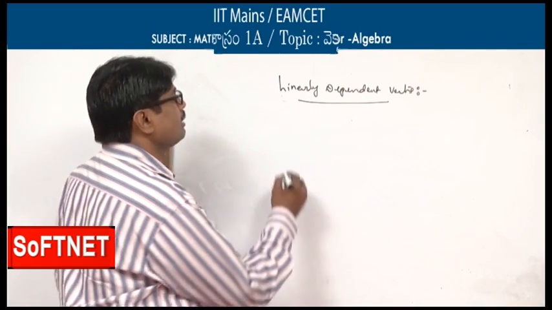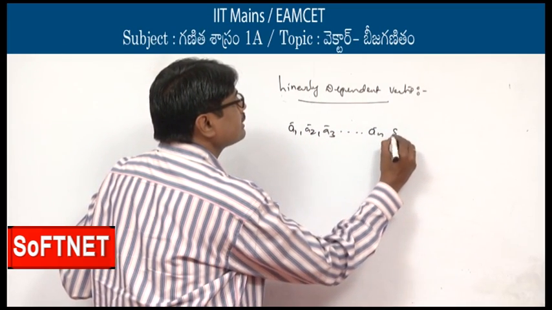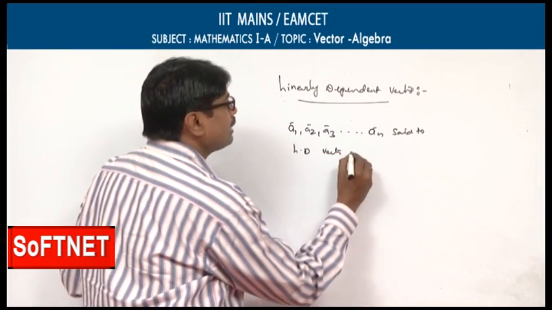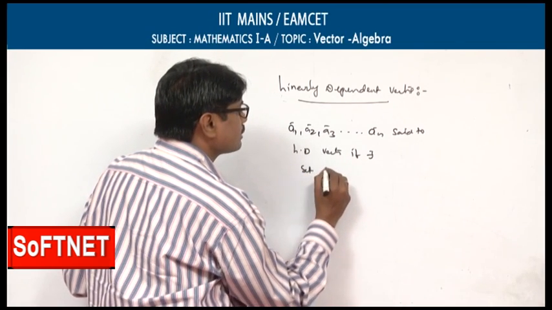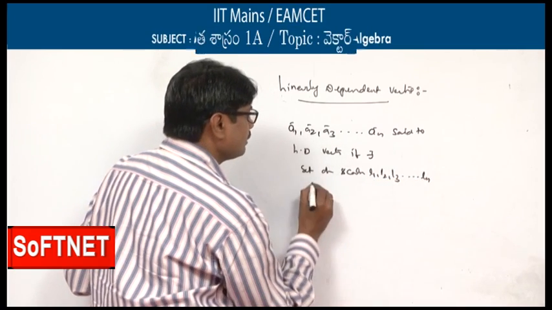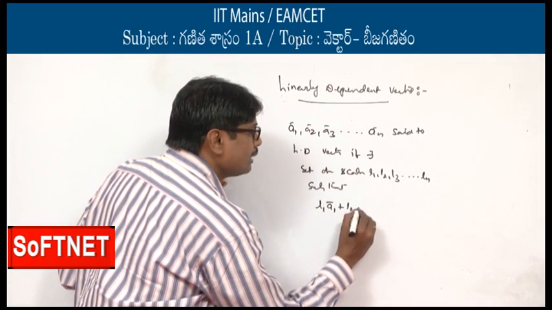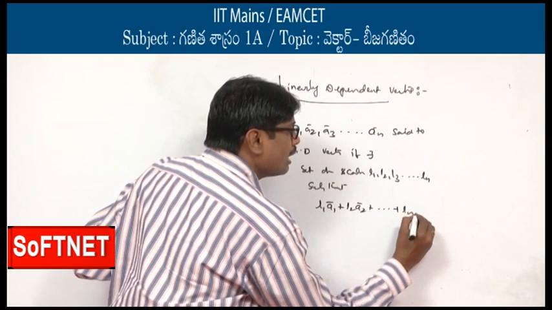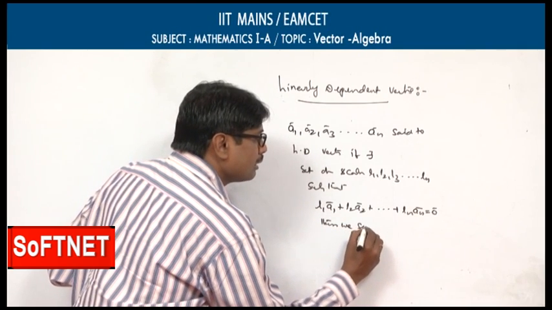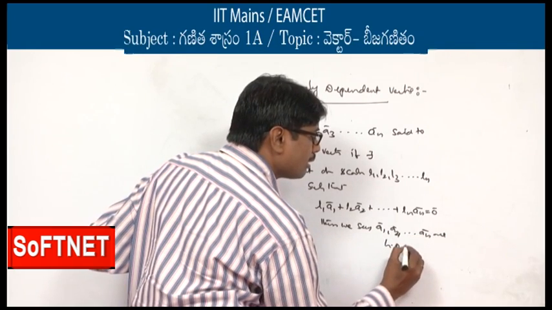A set of vectors A1 bar, A2 bar, A3 bar and so on up to An bar is said to be linearly dependent if there exists a set of scalars L1, L2, L3, up to Ln such that L1 into A1 bar plus L2 into A2 bar and so on up to Ln into An bar is equal to 0 bar, then we say A1 bar, A2 bar, up to An bar are linearly dependent vectors.